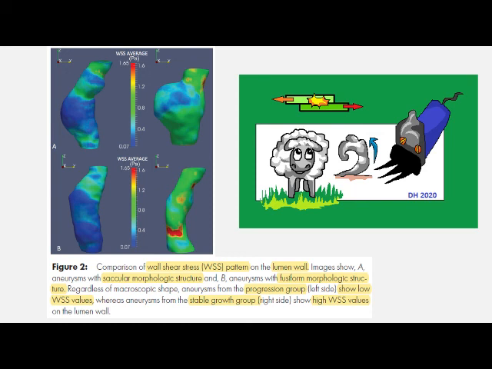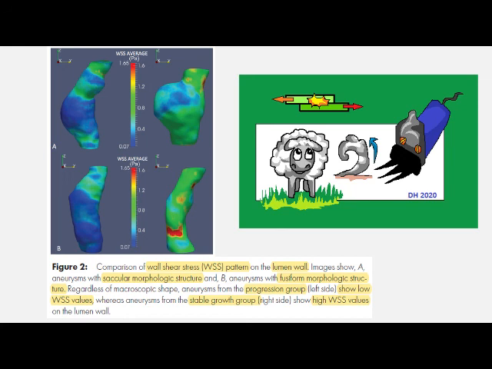The noteworthy fact is that you have the progression group on the left side with its two different morphological types, where you have a low wall shear stress shown by the cold colors. Then you have the stable growth group on the right side with a high wall shear stress. You can see there that colors tend to be hotter, closer to the red spectrum, so that would denote the higher wall shear stress there.